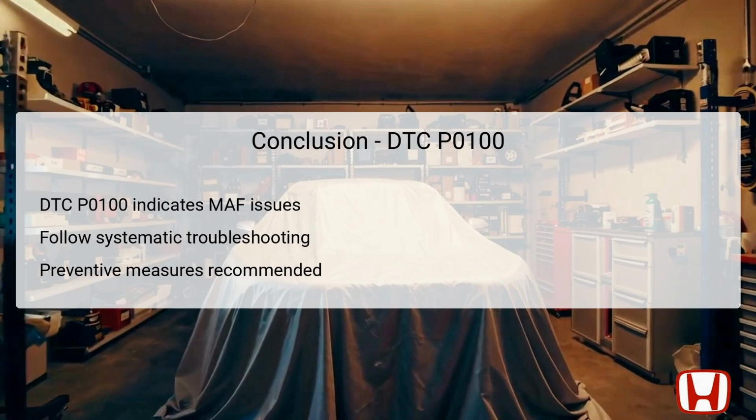Utilizing a systematic troubleshooting approach ensures that you identify the root cause and rectify the issue effectively. Moreover, preventive maintenance practices will help mitigate future occurrences of this DTC. Being proactive with inspections and maintaining sensor integrity can lead to better vehicle health and performance, ultimately contributing to a smoother and more efficient driving experience.